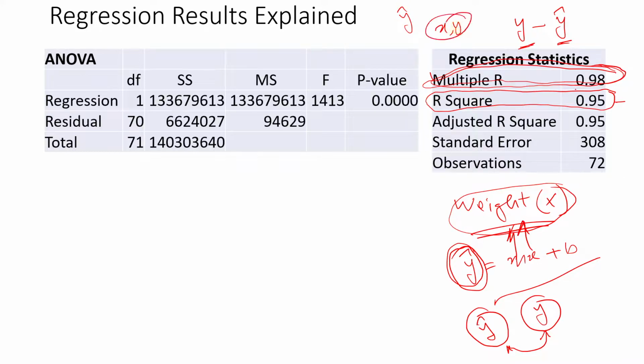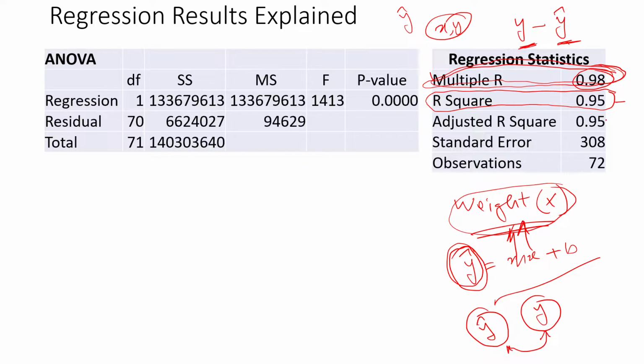As you can see here, 98% correlation between the predicted value and the actual value, meaning that this is a very strong predictive model or cost estimation model. So we can very confidently predict the bicycle cost based on the weight.